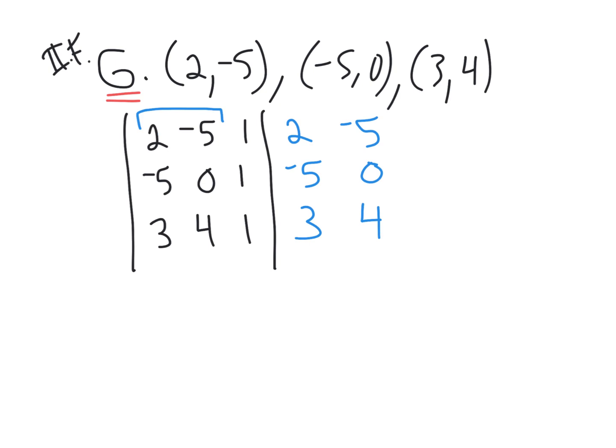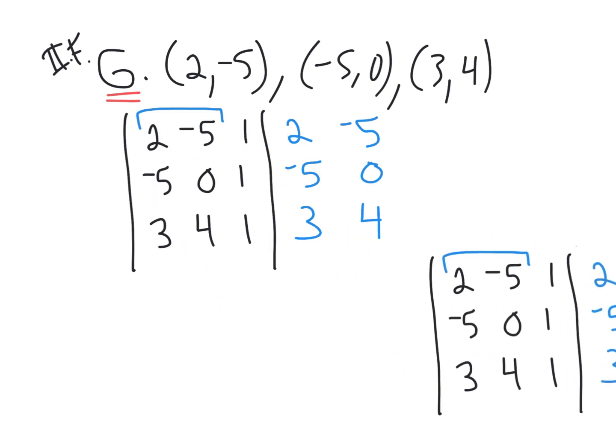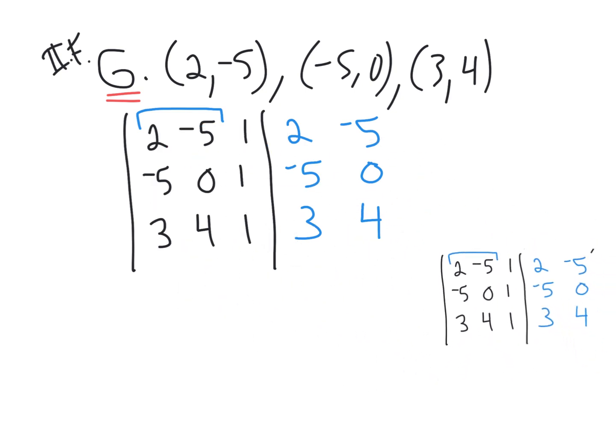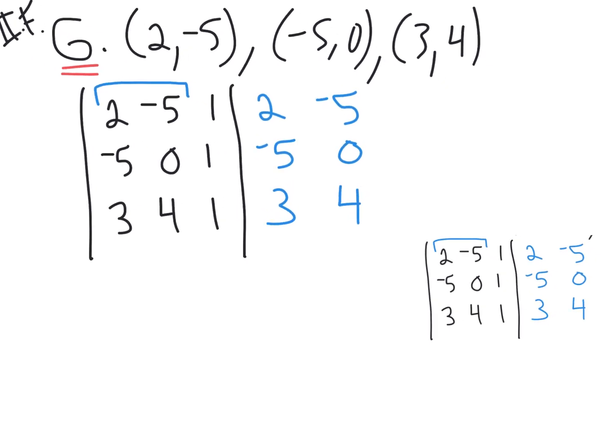So what we're going to do then is we're going to look for diagonals, starting with diagonals going towards the right, starting with the top left corner going over towards the right. And we're just going to multiply these together. So this is 2 times 0 times 1. Well, that's got a 0 in it, so that's going to be 0.